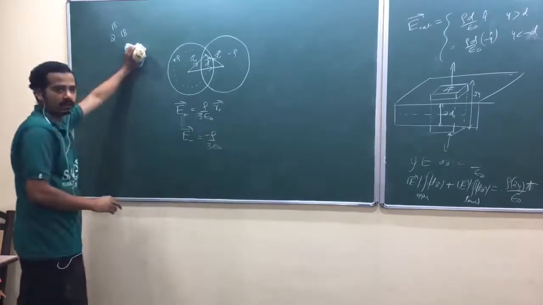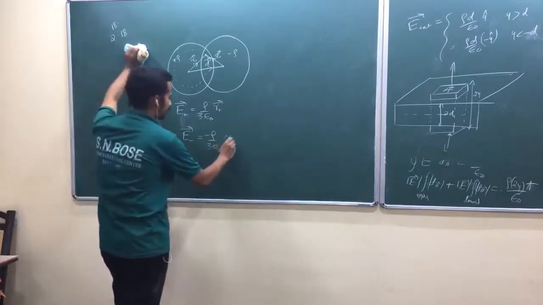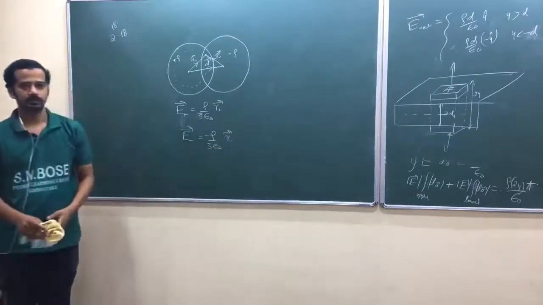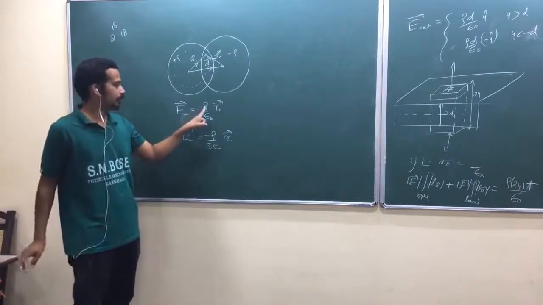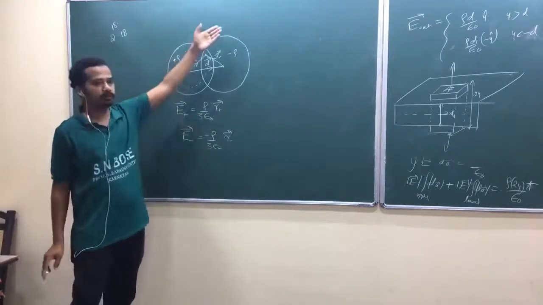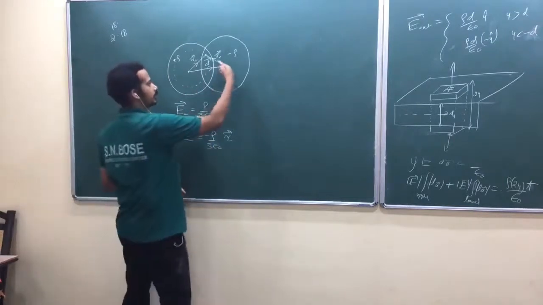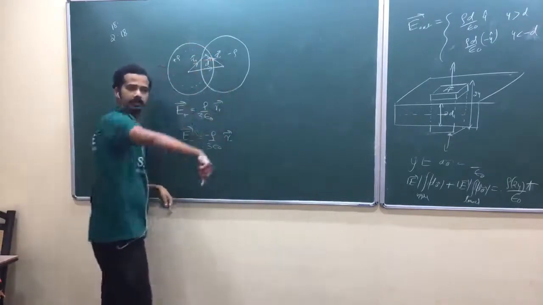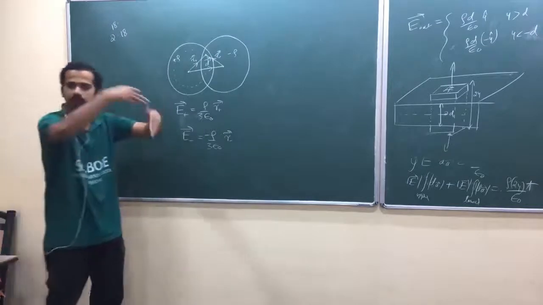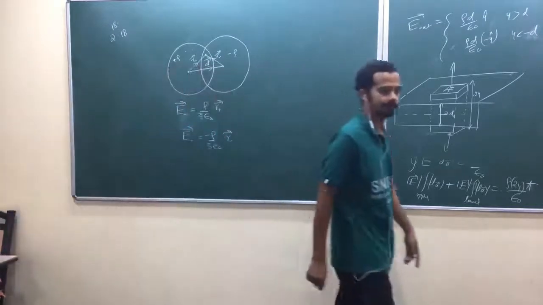Exactly the same, only the charge density is negated, r minus vector. Now look here, since this rho is positive, this electric field is outward, isn't it? Since this rho is negative, this r minus I have taken outward, so minus of r minus is inward. Obviously, if you have negative charge, the electric field should be inward.